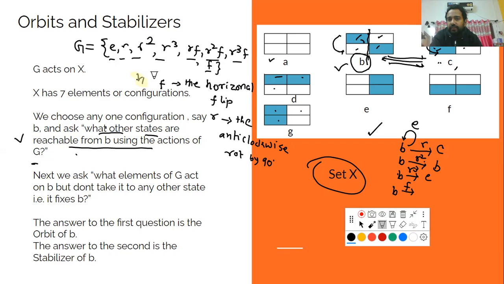If you reflect around the vertical axis, this blue comes here and this blue comes here. So what we get is a blue on the top right and a blue at the bottom left. And that's nothing but C again.